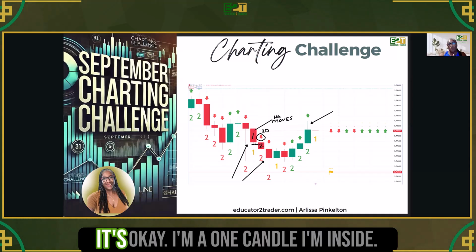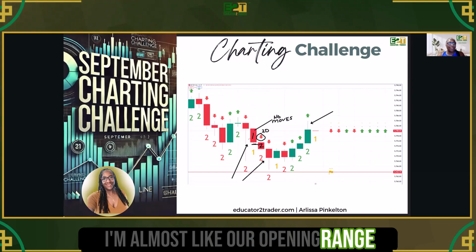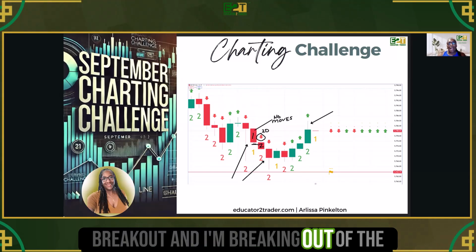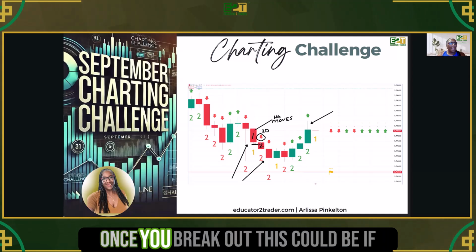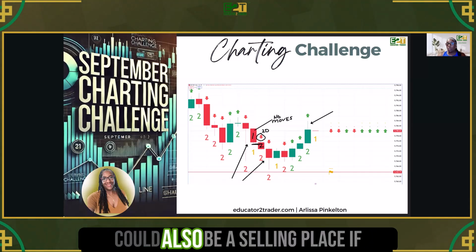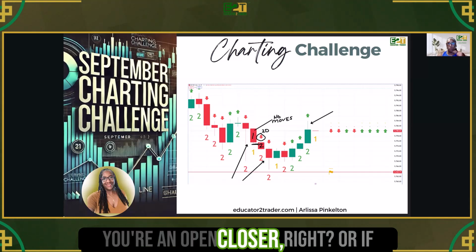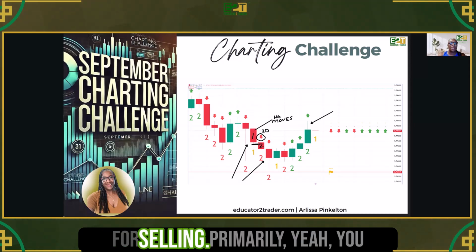All right. Okay, I'm a one candle. I'm inside, almost like our opening range breakout. And I'm breaking out of the bottom. So you break out at the bottom here of this two. And then once you break out, if you're a buyer, this could be entry. It could also be a selling place if you're an open closer, right? Or if this is closed, you could also use it for selling.